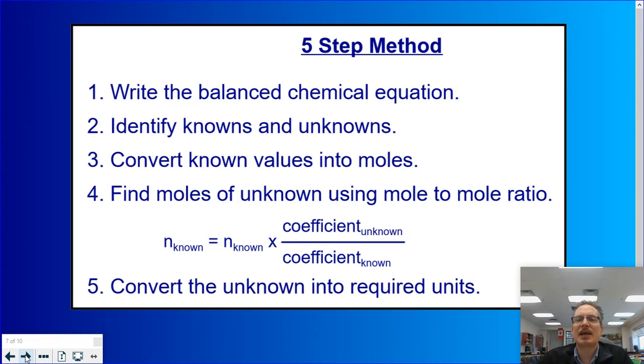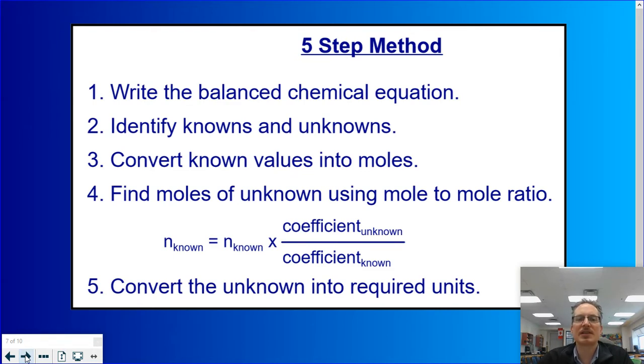Now, when I said stoichiometry is a process, that means that it doesn't matter which of the 3 types of stoich we are going to do, gravimetric, solution, or gas stoichiometry, we're going to always follow these 5 steps. You'll notice that these steps don't really include formulas. The formulas are secondary. You already know them from previous chemistry studies.